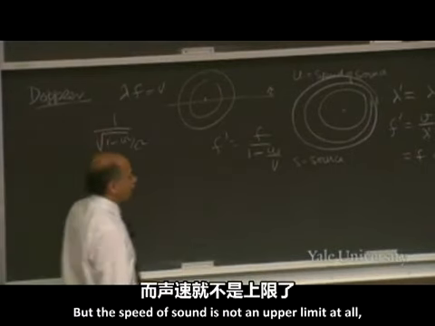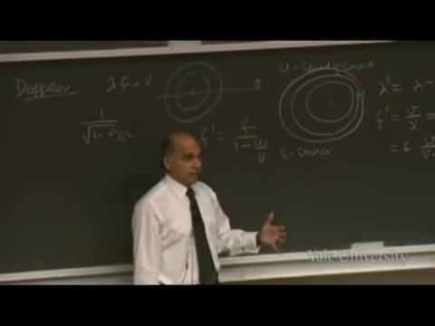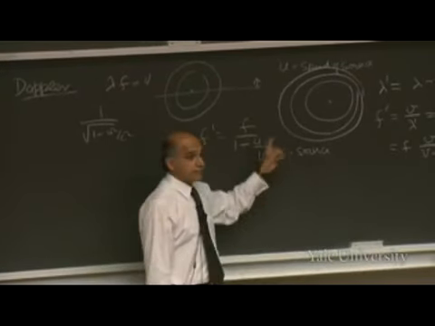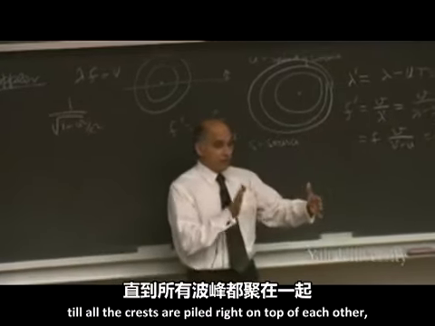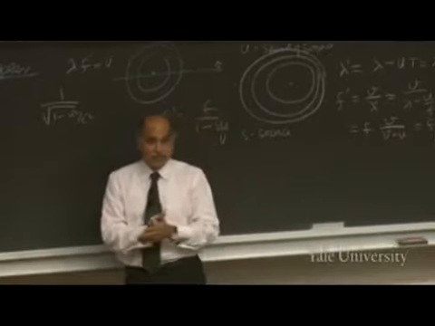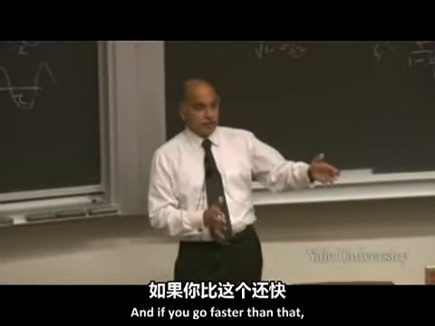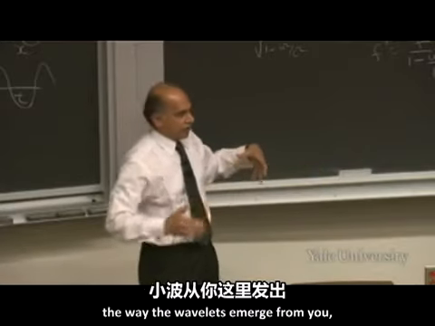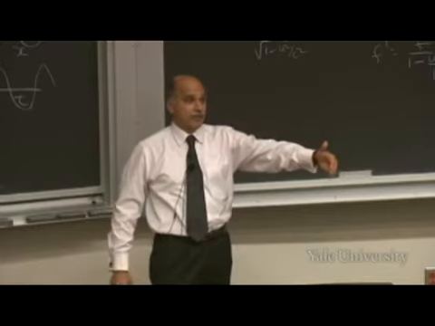But the speed of sound is not an upper limit at all, and you can have an ambulance or a plane that eventually travels faster than this. So imagine the waves getting crunched till all the crests are piled right on top of each other, and that's when there is the sonic boom. And if you go faster than that, the way the wavelets emerge from you is so that you leave behind a trail. There's nothing in front of you.